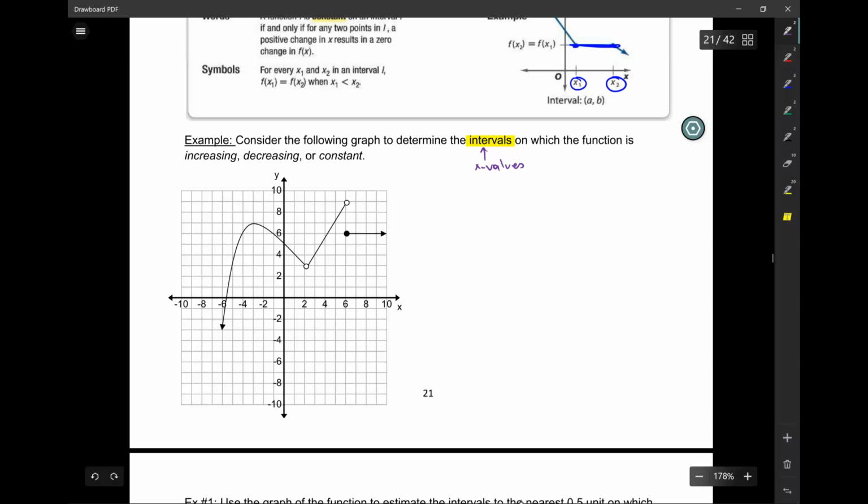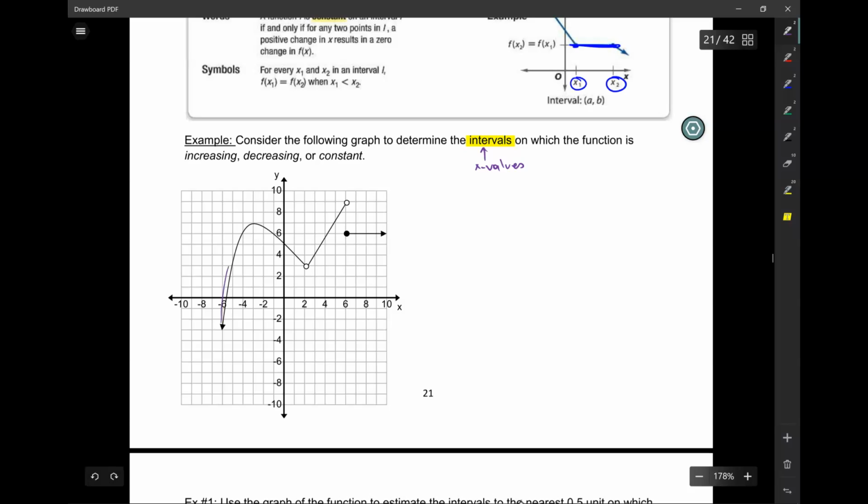Okay, so like I said, there is an arrow here going down to the left, right? But when we read functions, we go from left to right. So take a look at this one. Starting at the left, this function is increasing right until here, and then it starts to decrease, right?